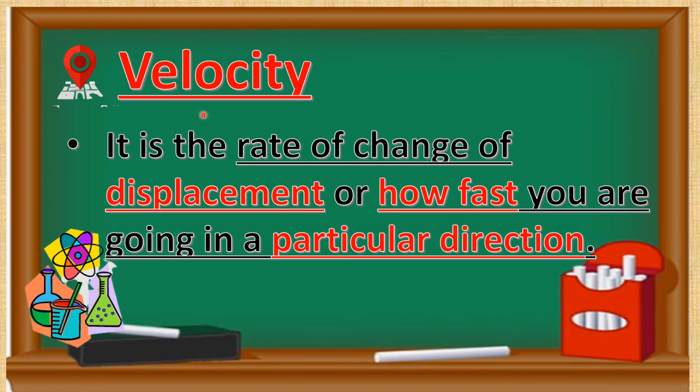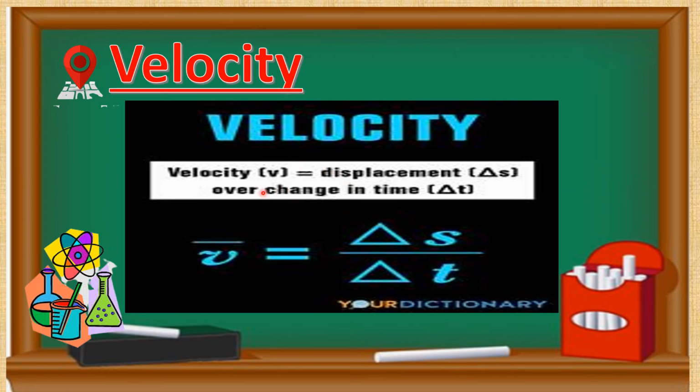Okay, next, we will define what is velocity. What is velocity? It is the rate of change of displacement, or how fast you are going in a particular direction. So velocity is displacement over change of time.